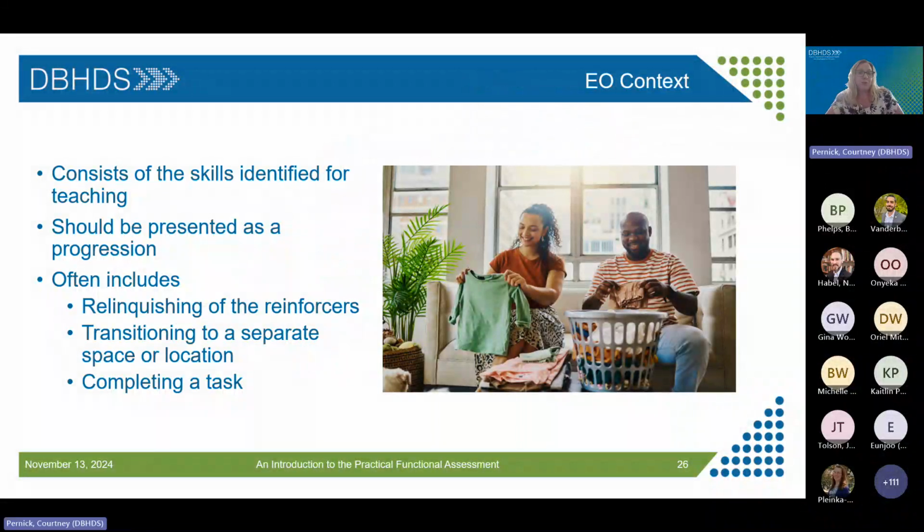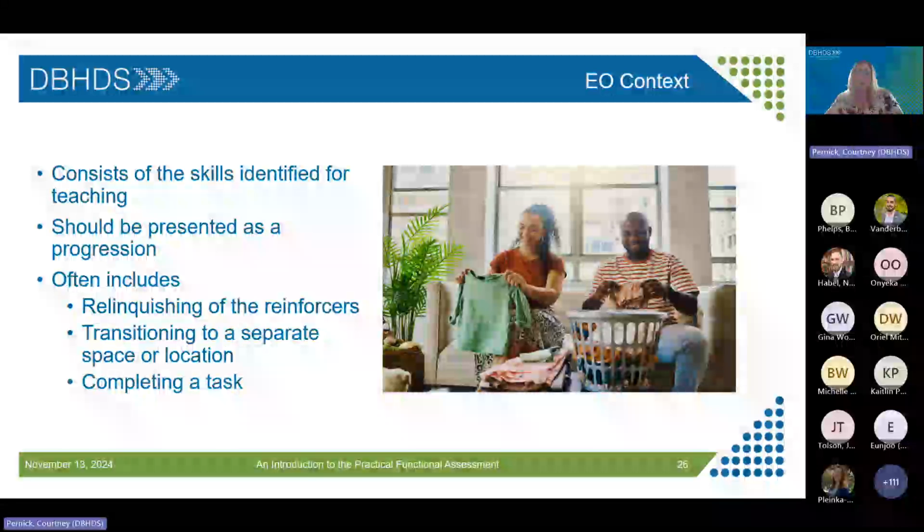Once you decide the individual has been HRE, happy, relaxed, and engaged, for an adequate amount of time, you'll introduce that EO context. And the EO context should include skills for teaching, which you've identified in the workbook during the design phase. And it should be a progression. So we're not going to just present every EO all at once.